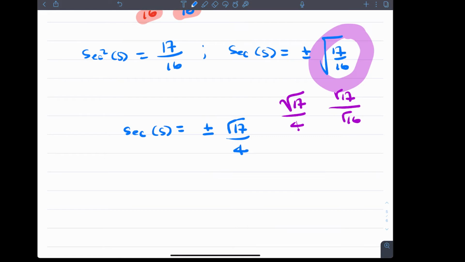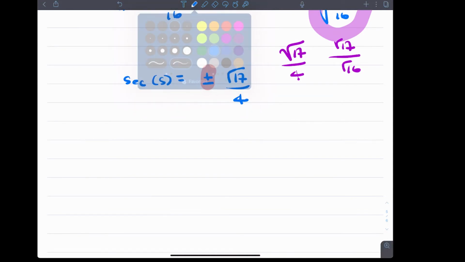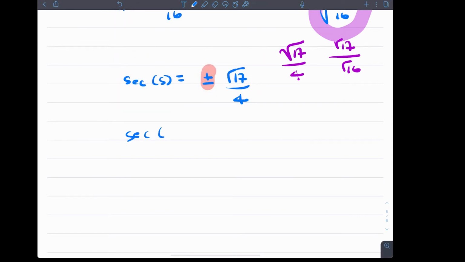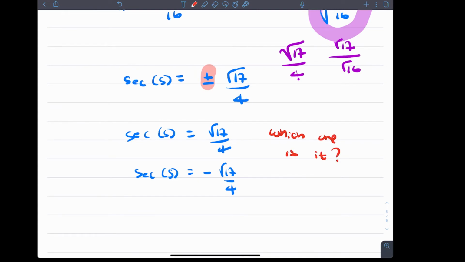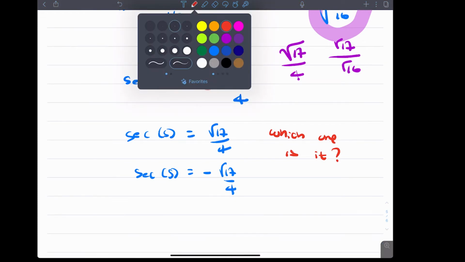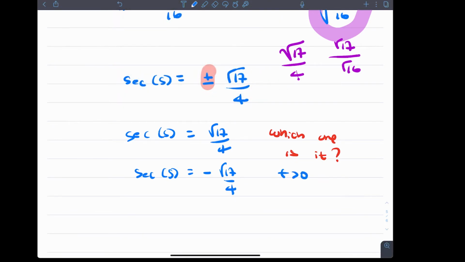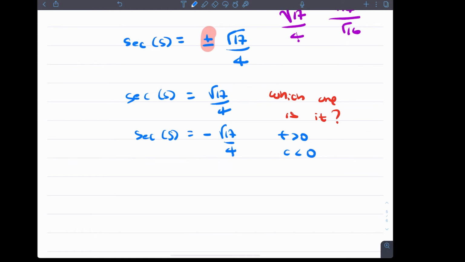Okay? Square root formula. That's where the algebra comes in. So plus or minus now becomes the following. Secant s is positive, or secant s is negative. Okay, so we're at the point again where we have to answer which one is it? Well, quadrant 3, what do we know about quadrant 3 again? Right, tangent was positive, which means cosine's negative.